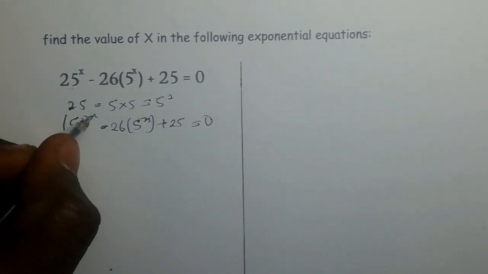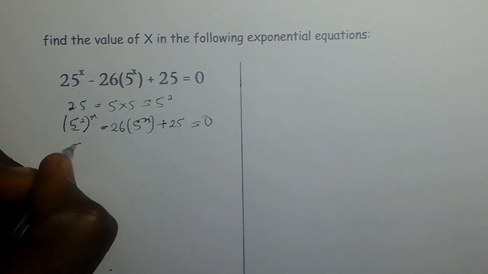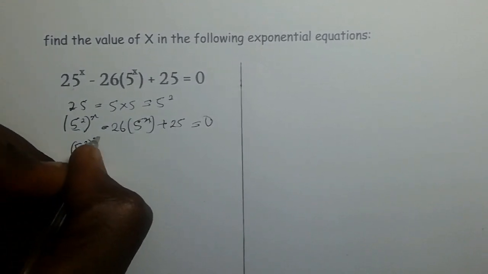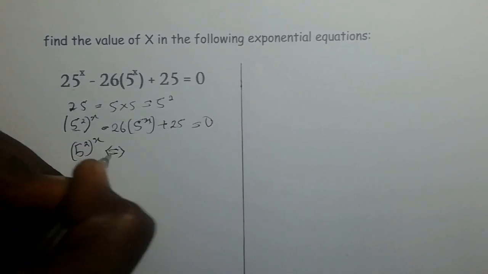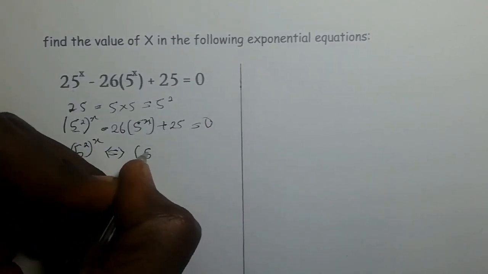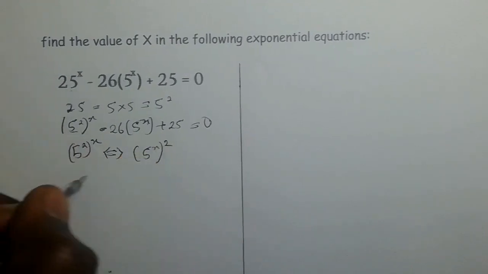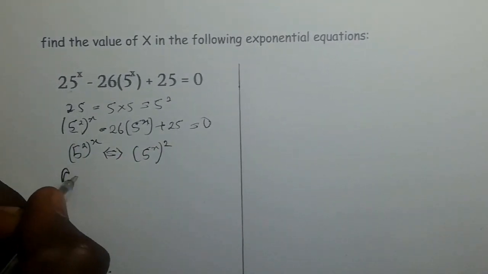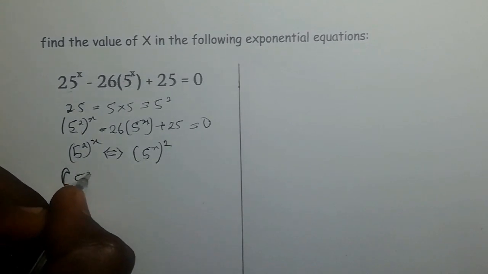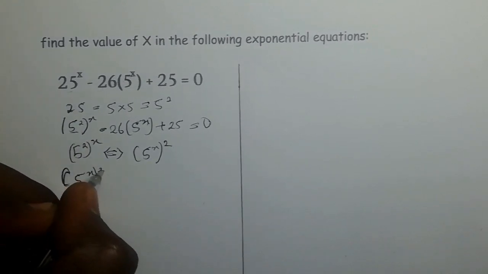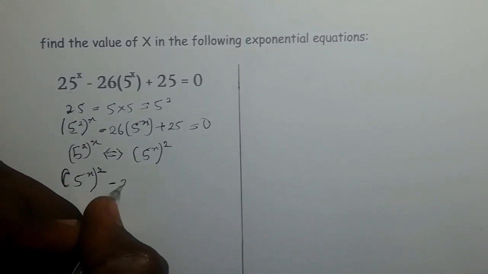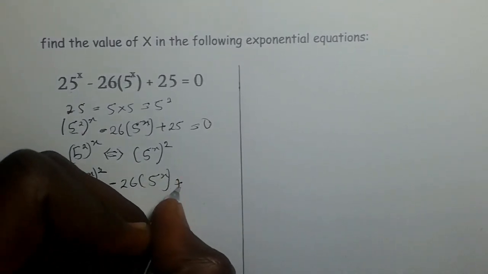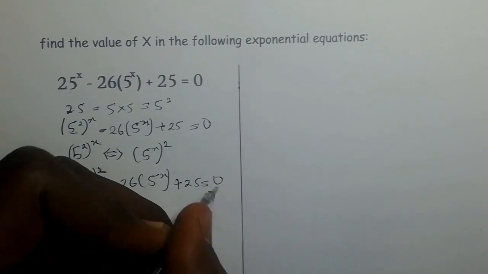We can interchange these powers: (5^2)^x can be interchanged as (5^x)^2. So by interchanging we get (5^x)^2 − 26(5^x) + 25 = 0.